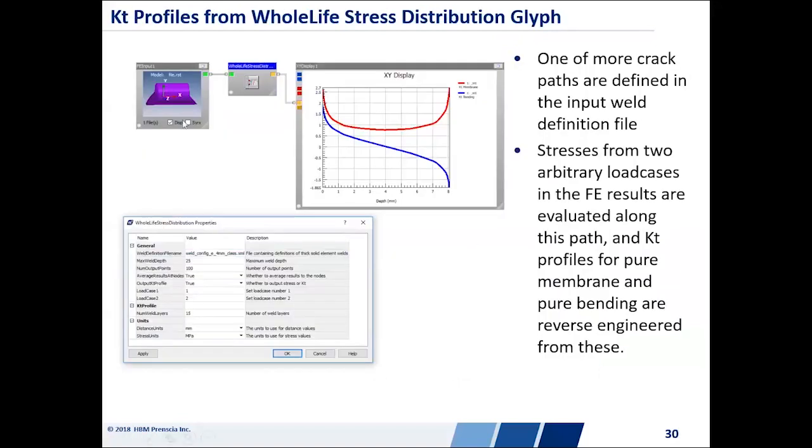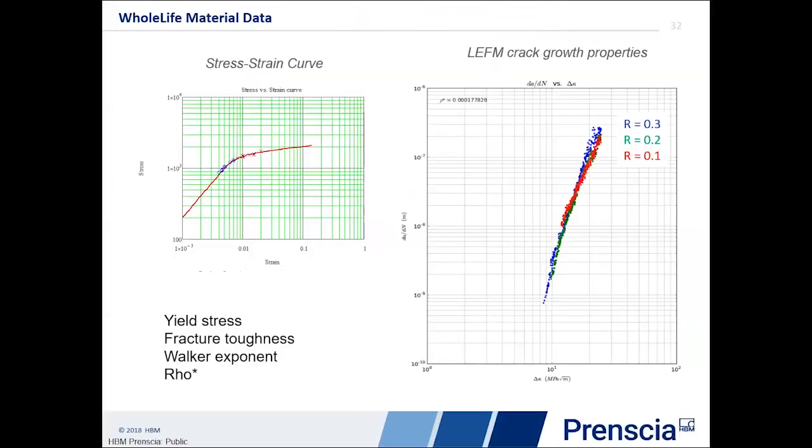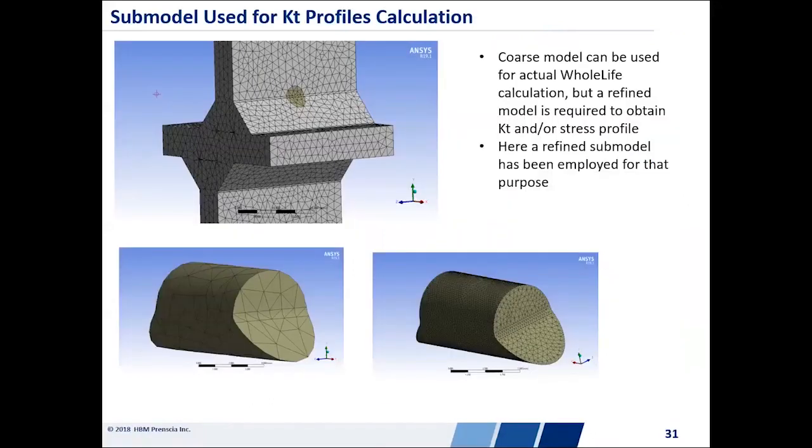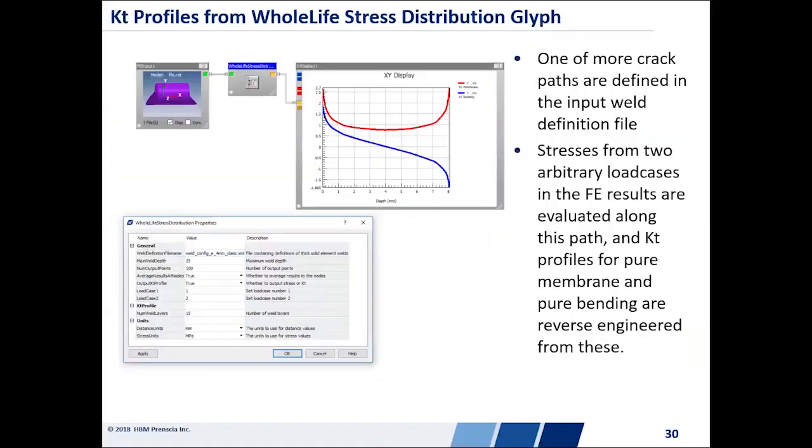We then apply two arbitrary loads to that structure, and the stress profile glyph can go in and back out from these two arbitrary load cases what the detailed KT profile is, one for pure membrane, one for pure bending, and write these out where we can import them into our DesignLife weld calculation.